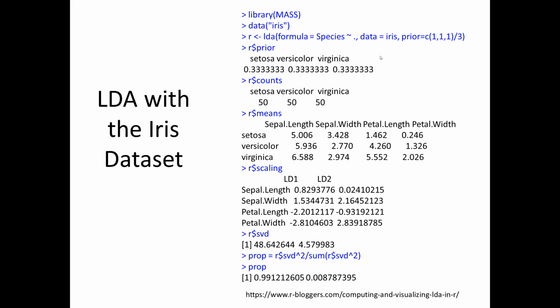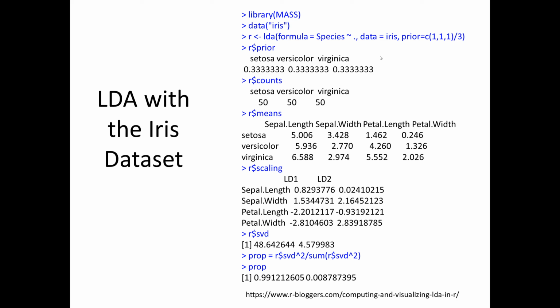We'll use the LDA command to find the prior probabilities. Since we have a 150 observation data set with 50 observations per species, our prior probabilities are a third, a third, and a third. The LDA command has also returned other parameters, for example, the means of each of the 4 features per species.